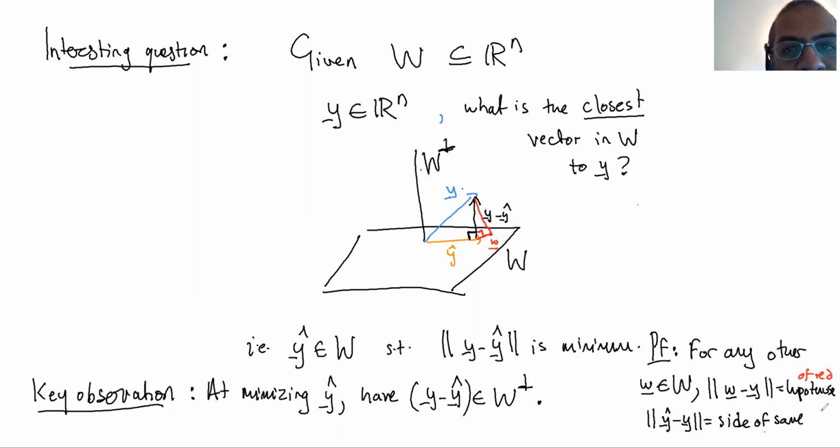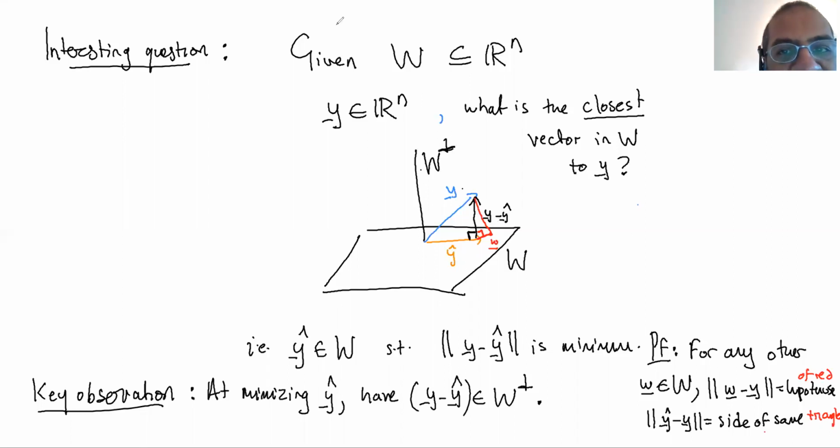Of the same triangle. Okay, I'm not sure of this. Okay, this color coding is okay. But the key is I'm talking about this red triangle. Now, in any triangle, the hypotenuse is longer than the other sides, right?